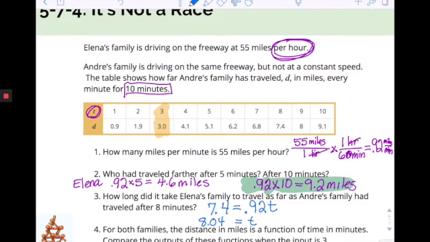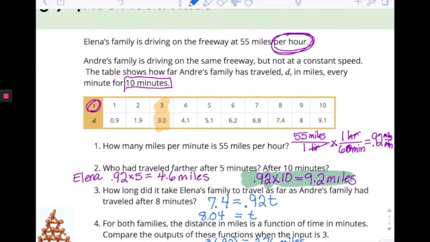For Elena, 3 times 0.92 is going to give us 2.76 miles. So Andre's family went 24/100 of a mile further in 3 minutes.